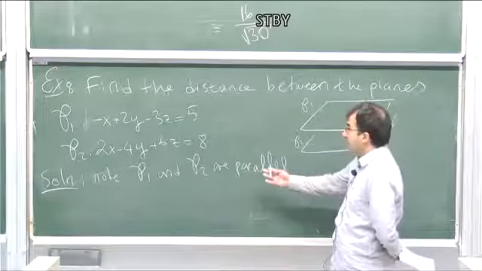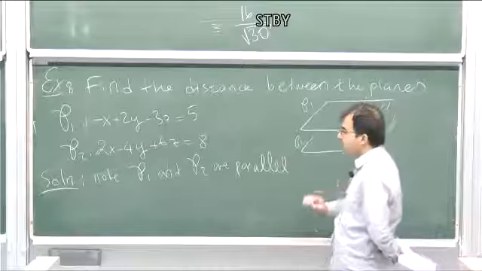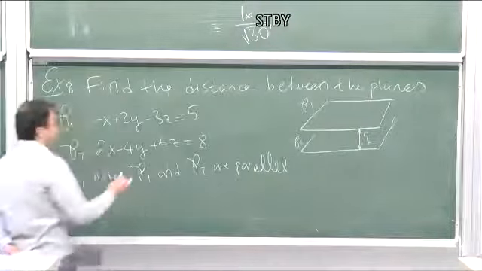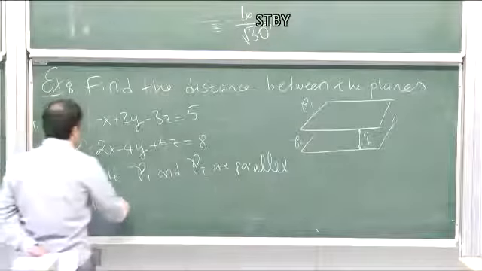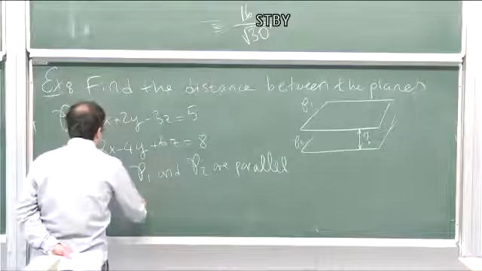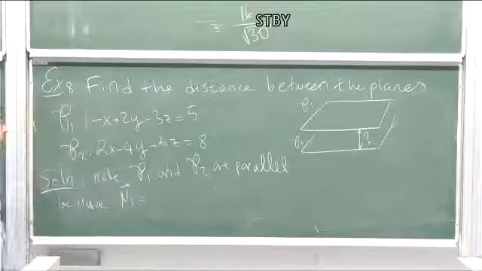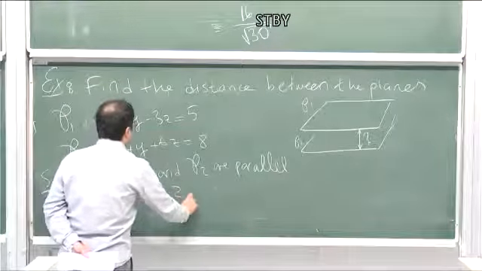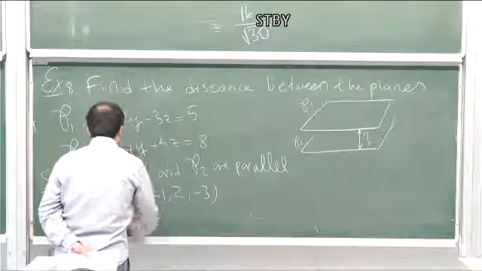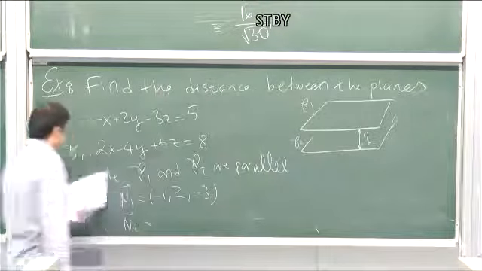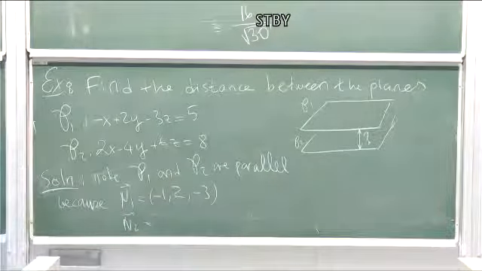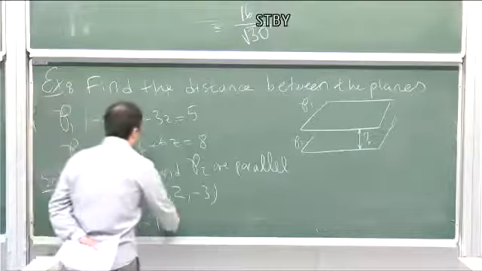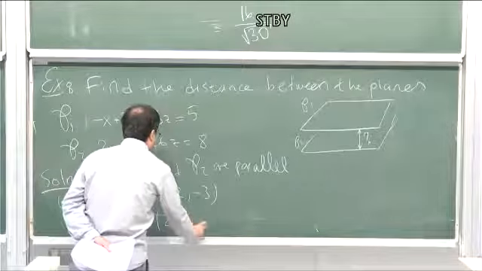Let's discuss how we know that they are parallel: because their normal vectors are parallel. So let's write the normal vectors looking at these equations. The normal vector for the first one is (-1, 2, -3). The normal vector for the second one is (2, -4, 6).